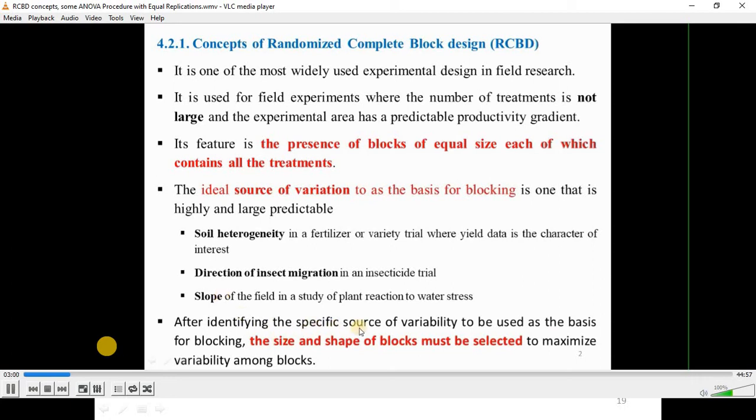After identifying the specific source of variability to be used as the basis for blocking, the size and the shape of the block must be selected to maximize the variability among blocks.